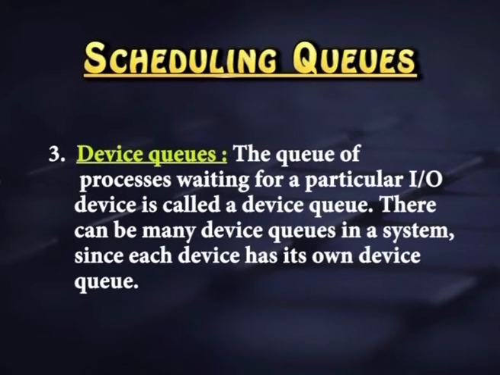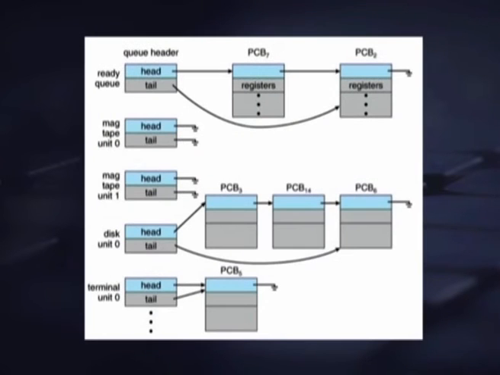The queue of processes waiting for a particular input output device is called a device queue. There can be many device queues in a system, since each device has its own device queue. In its lifetime, a process migrates between these queues. There is only one job queue and one ready queue in a system, but multiple device queues.